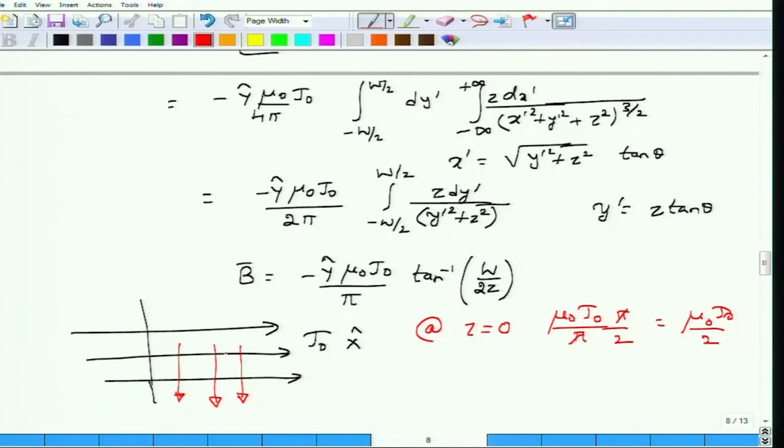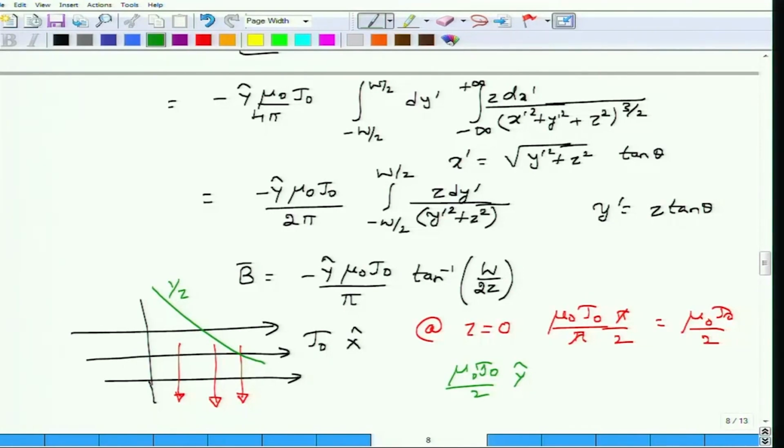And while it does, it is actually going to follow a 1 by z kind of a dependence on the top. Now from the bottom, if you look at z is equal to minus infinity, the field would actually be still 0, but if you come with negative values of z, the field lines B will switch their sign, because the field lines will become mu 0 j 0 by 2 in the plus y direction.